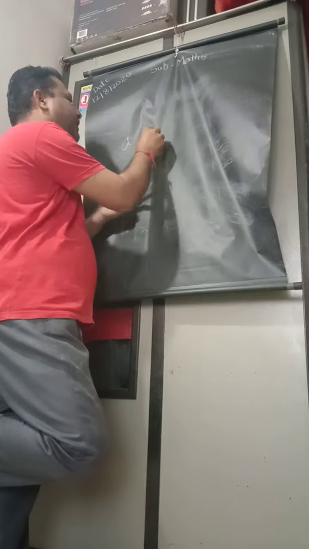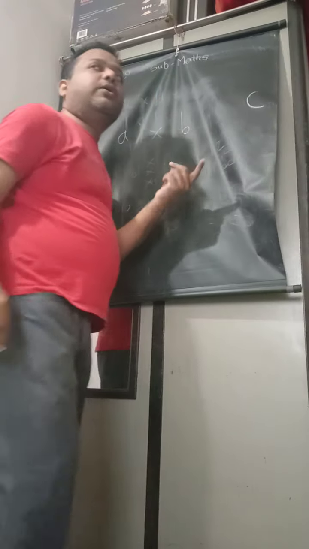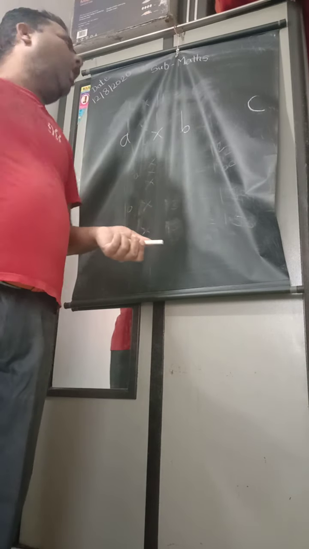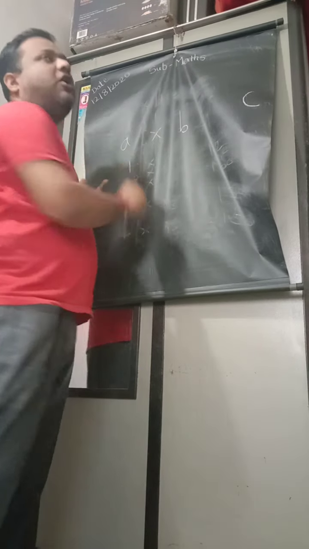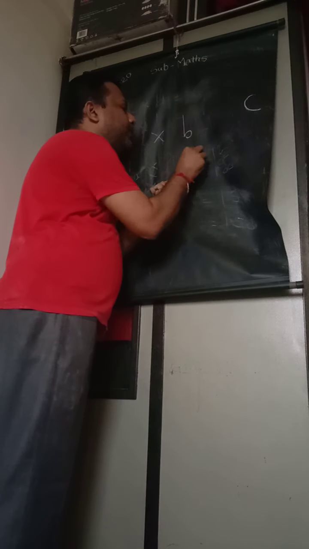A integer into B integer, I get C integer. A into B is C. Listen: when I say the bulb is on, we take it as 1. When the bulb is off, it means 0.